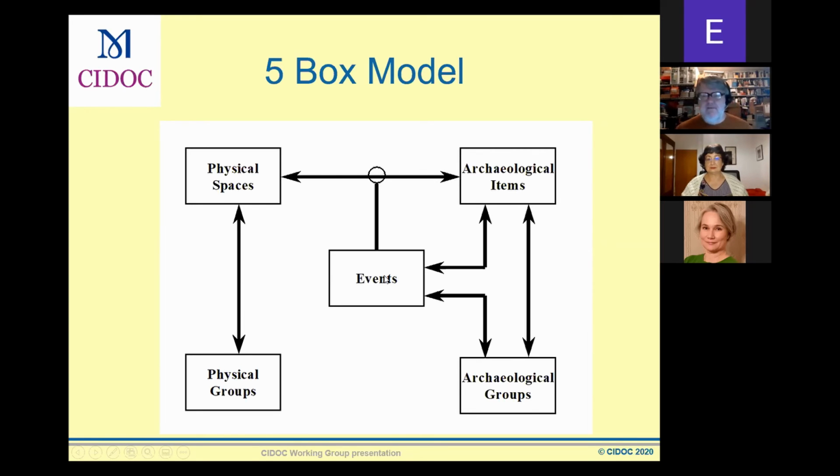So the first event, our discovery of archaeology, is actually related to this link between the archaeological item and the physical space. So that's quite an improvement on the original 4-box model, because now we're being explicit about the archaeologist's action in the process of producing record, and thus we can understand who said.